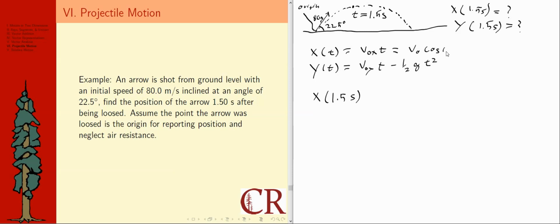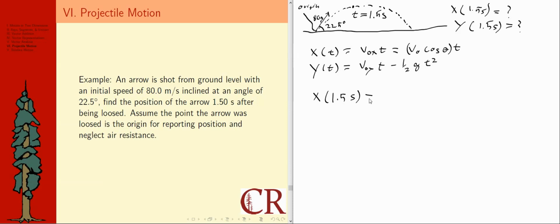All of that is multiplied by t, and I put parentheses here because otherwise someone might be confused whether the t is inside or outside the cosine. This v naught corresponds directly to the 80 meters per second that I'm given.